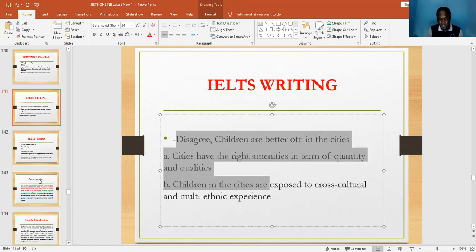So I want to write a paragraph now on the second option. The number one thing that I will do is introduce the main idea.